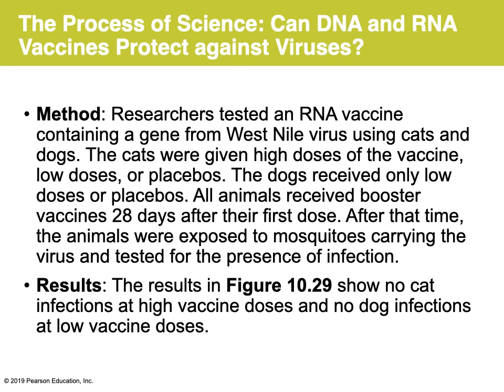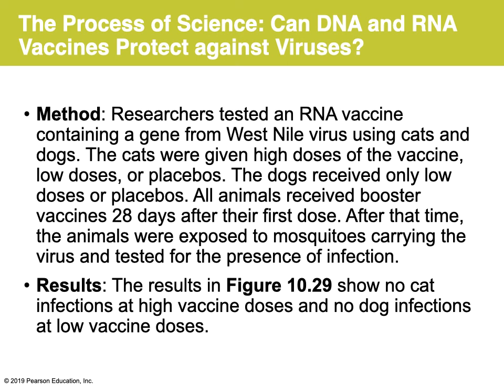Well, researchers tested an RNA vaccine containing a gene from that virus using cats and dogs. The cats are given high doses of the vaccine, low doses of the vaccine, or placebos, right? So something that is similar to the vaccine but not actually functional as the vaccine. All animals got booster vaccines 28 days after that first dose.